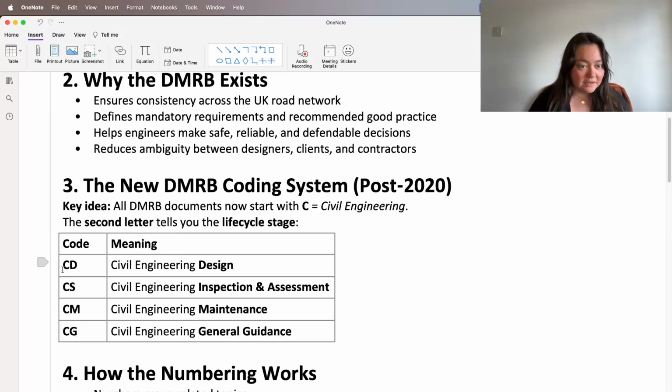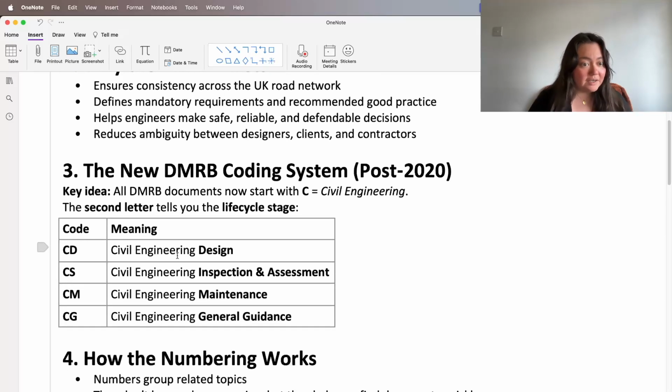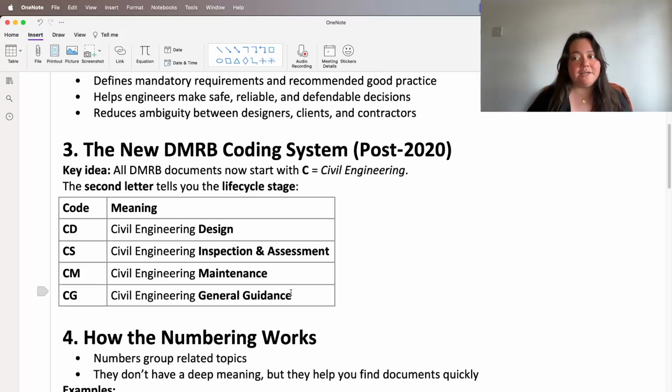You'll notice here that these are codes within the DMRB, so CD, CS, CM, CG, which all start with a C, so civil engineering. The second letter tells you the life cycle stage. So CD, for example, is civil engineering design, CS, civil engineering inspection and assessment, CM, civil engineering maintenance, and CG, civil engineering general guidance. Once you know these four letters, the whole system becomes much easier to understand.